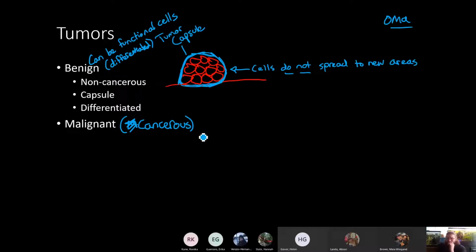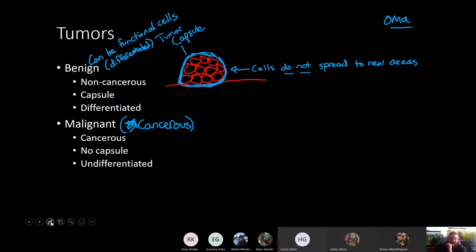Okay, so a big thing about malignant tumors, cancerous tumors, is that they have no capsule. That means that they can be very dangerous because without a capsule, right?